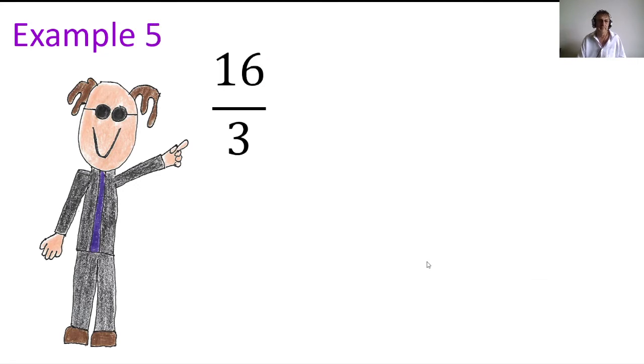Okay, the next one, 16 over 3. Now, 16 over 3 is an improper fraction, meaning that the top is more than the bottom. So what do we do?